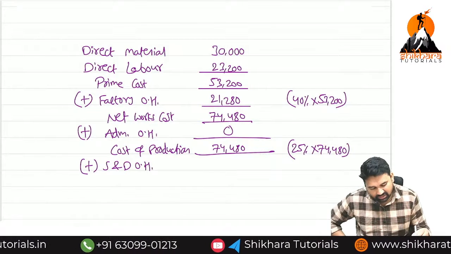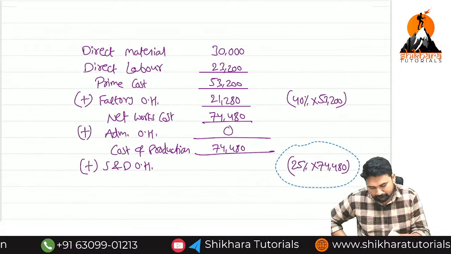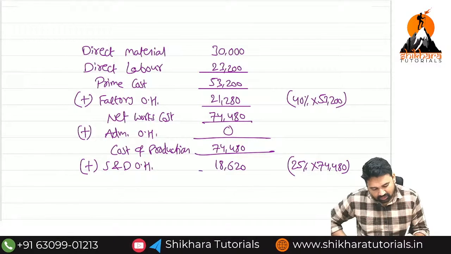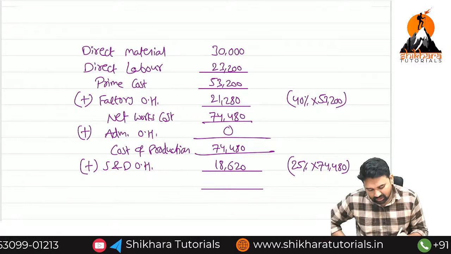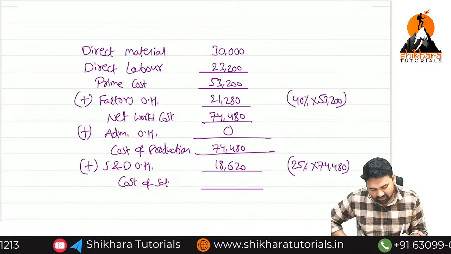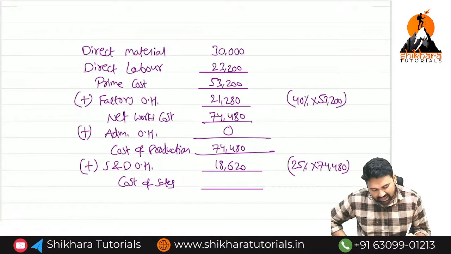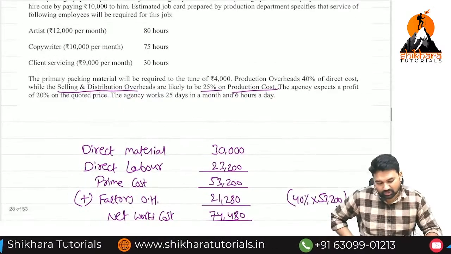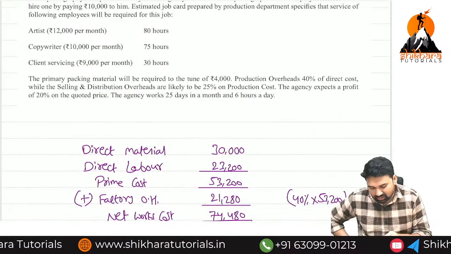How much is it? 18,620. So it will be called as cost of sales. Cost of how much? 93,100.